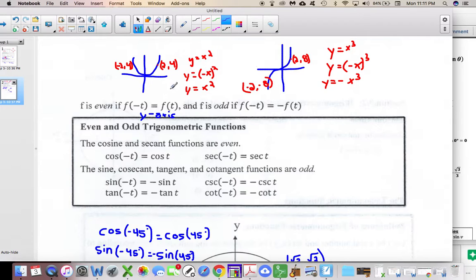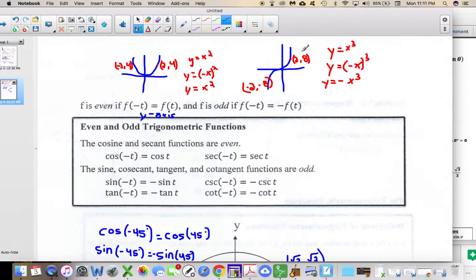Y equals x squared is an even function. If I plug a negative x in there, negative x squared is equivalent to positive x squared. Odd functions would be like y equals x to the third power, where if I plug a negative into the function, it turns the entire equation negative. Negative x to the third power stays negative, so the negative pops out front.